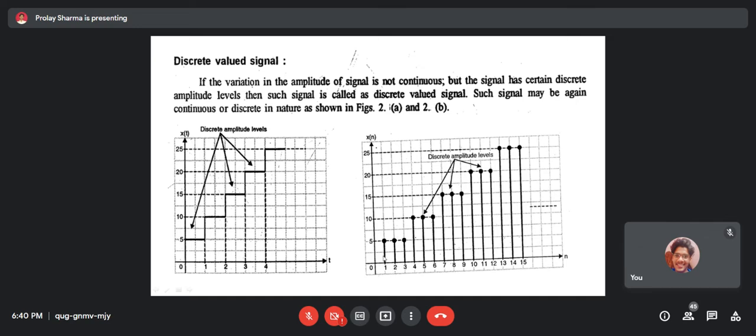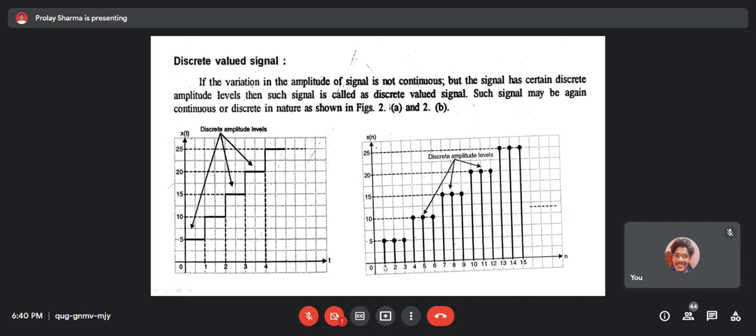And here also, if we observe a similar kind of signal, you see the time axis gets discretized. So from 0, 1, 2, 3. In between 0 and 1, we have the amplitude 5, but in between 1 and 2, no sample values are present.